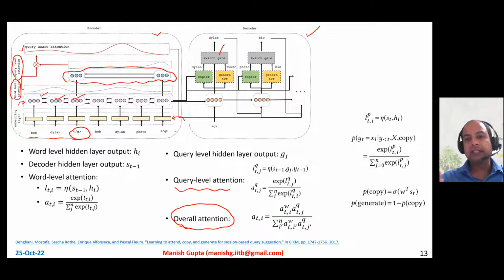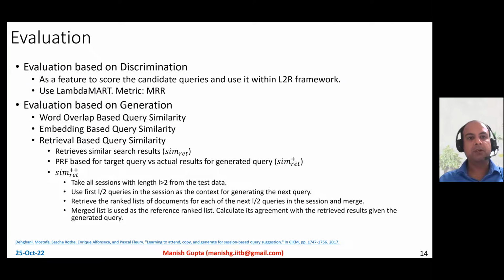Even when it is generating, it uses this overall attention to decide what to generate. Okay? So the switch gate is essentially learned based on the hidden state on the decoder side, whether it should copy or generate. Right. So this copy generator mechanism overall leads to a very effective generative model.